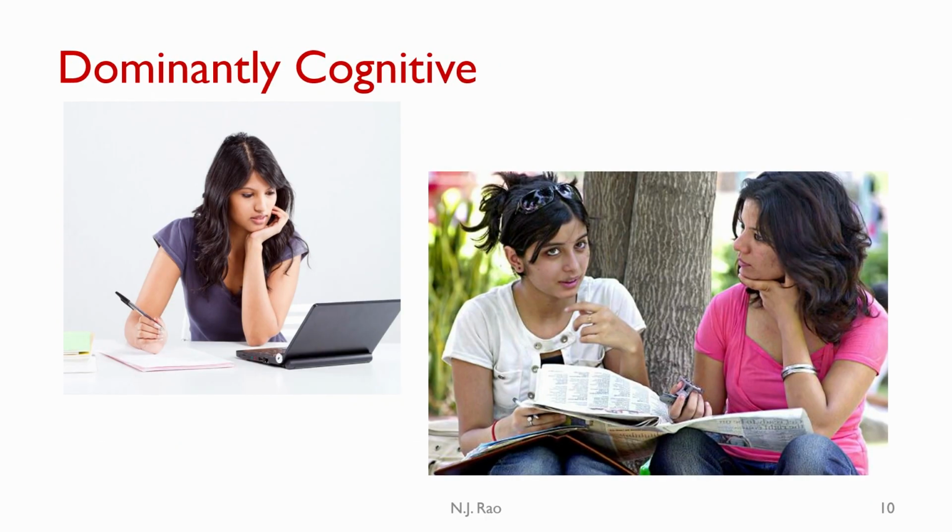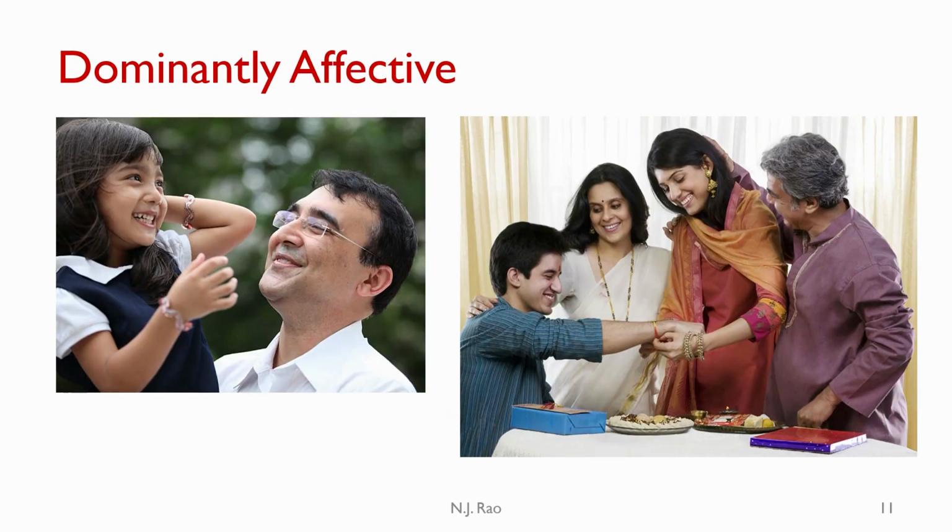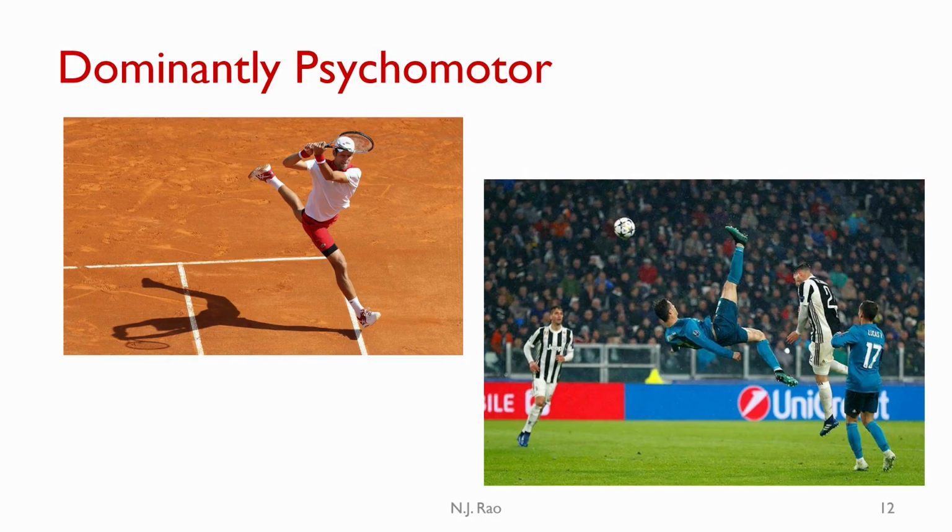Sometimes you have dominantly cognitive experiences. These are representative examples, I need not explain that. Or you can have dominantly affective experiences, and you can also have dominantly psychomotor experiences. That means the psychomotor skills involved are at the extreme.